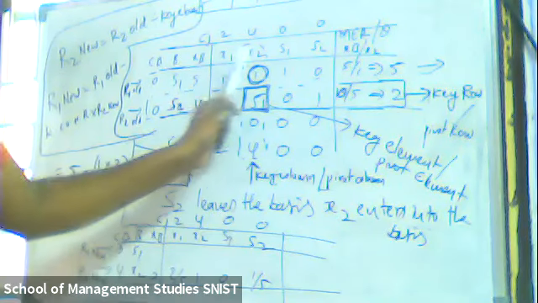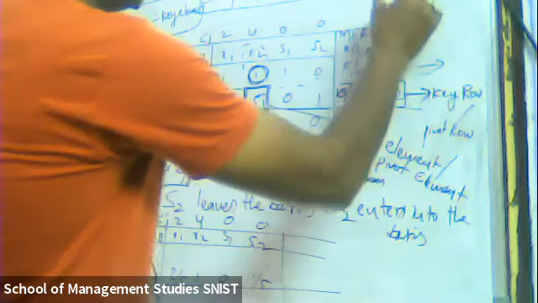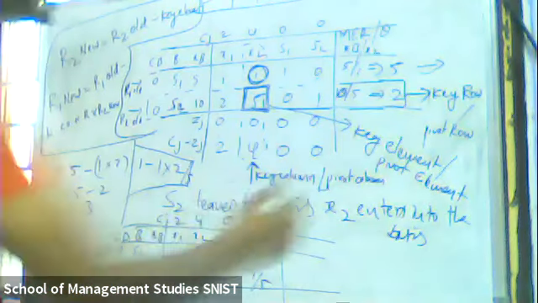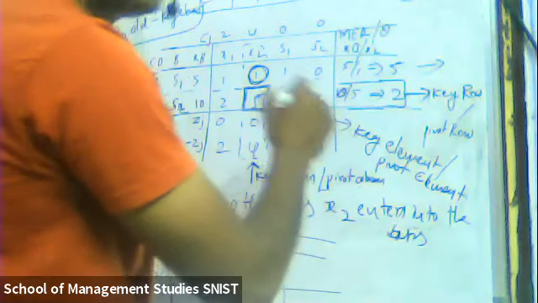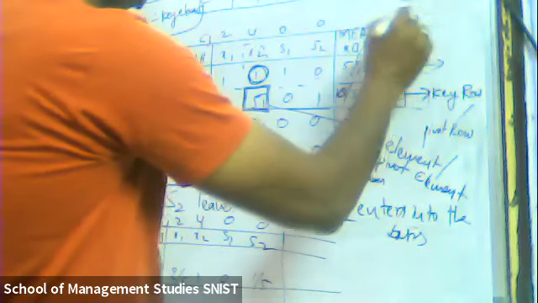Is it X1 or X2? X2, exactly, good. Where did we get the key row? S2. X2 is the key column, S2 is the key row.